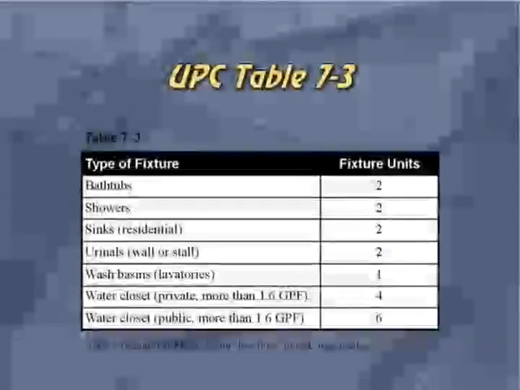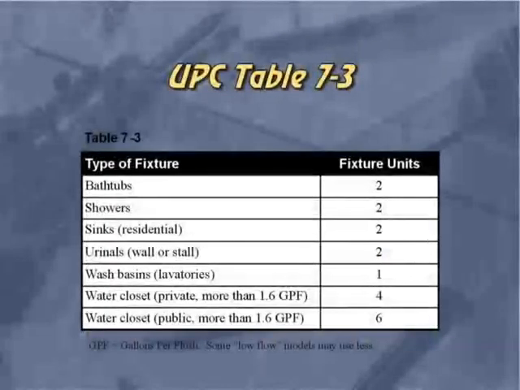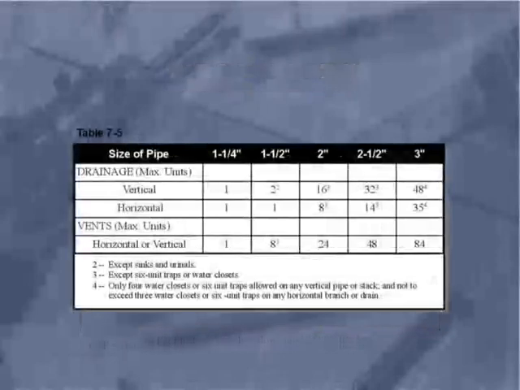You will see that wash basin is the only one, and it's about the 5th one down there, that has just 1 fixture unit. So that's the smallest amount of water going through any of those fixtures. Most of them are 2, and a water closet, that is to say a toilet, provides for 6 fixture units, other than the smaller 1.6 gallon.